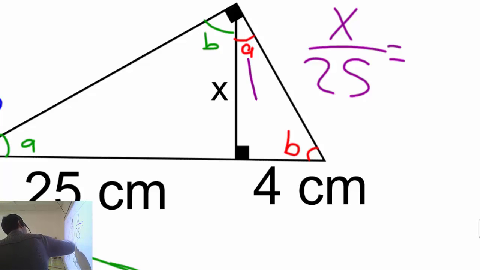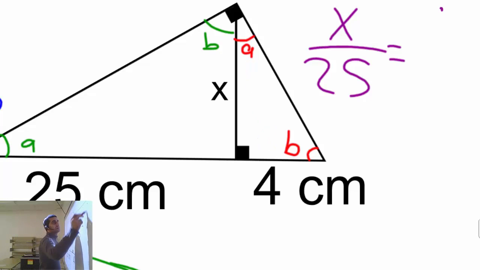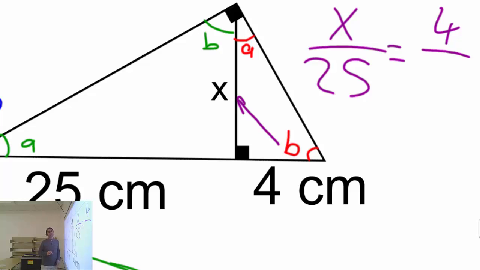Across from A, we started with A, so we must continue with A now. 4 divided by across from B, which is X. So you're going to end up with X divided by a number equals the other number divided by X. That's the ratio of similar triangles, right triangles inside each other.